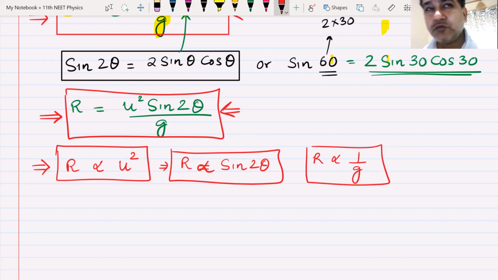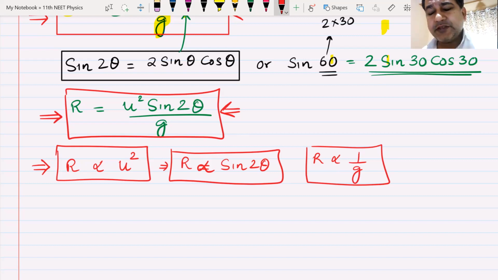Again, if on earth you can throw a particle 10 meters in the range, for example, Kamalpreet Kaur in the discus throw, or today, Neeraj Kumar, I think, in javelin, he threw 88 meters on the horizontal ground range.